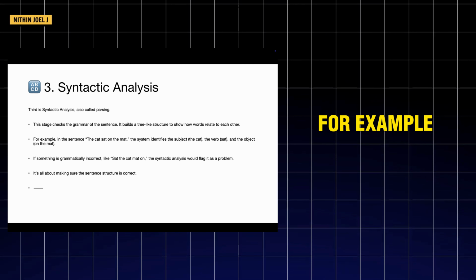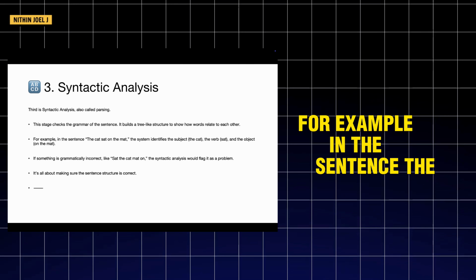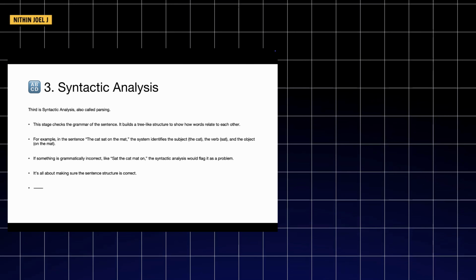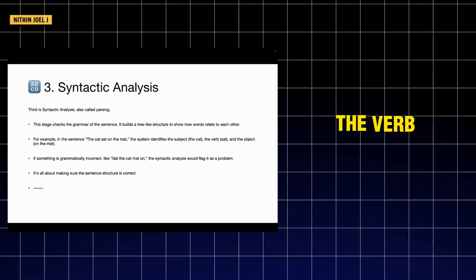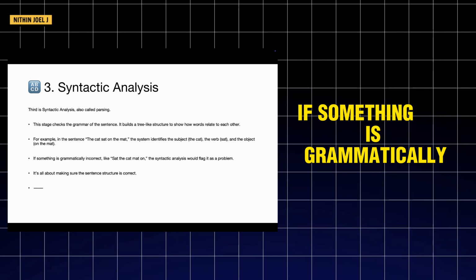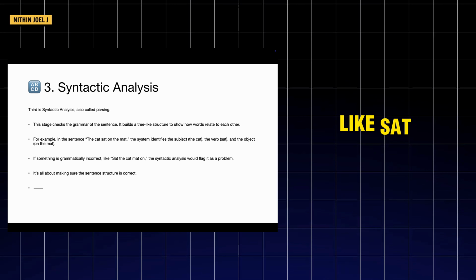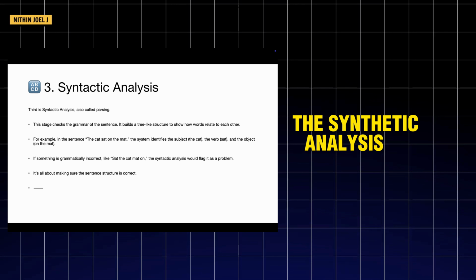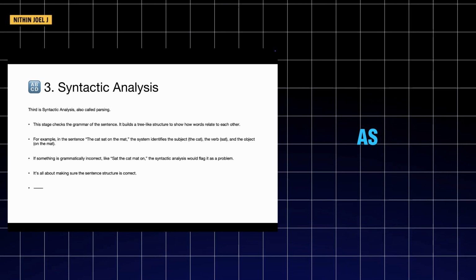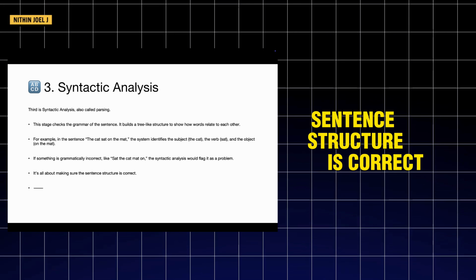For example, in the sentence, the cat sat on the mat, the system identifies the subject, the cat, the verb, sat, and the object, on the mat. If something is grammatically incorrect, like sat the cat mat on, the syntactic analysis would flag it as a problem. It's all about making sure that the sentence structure is correct.